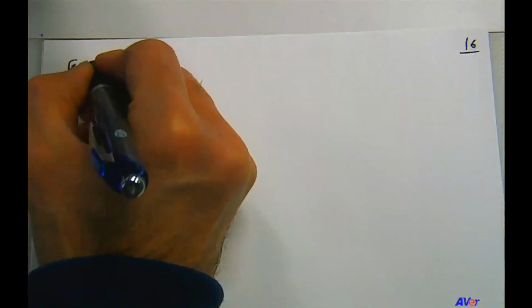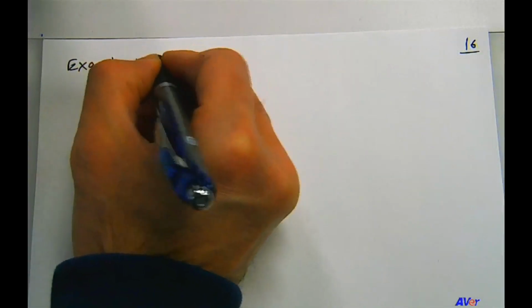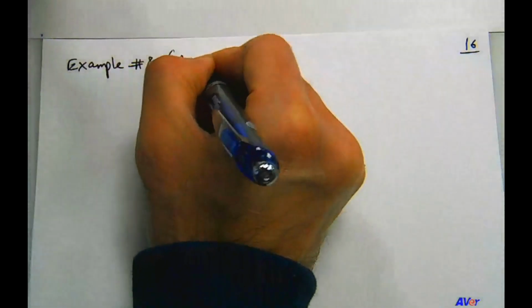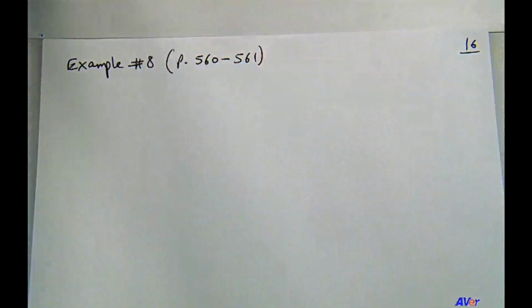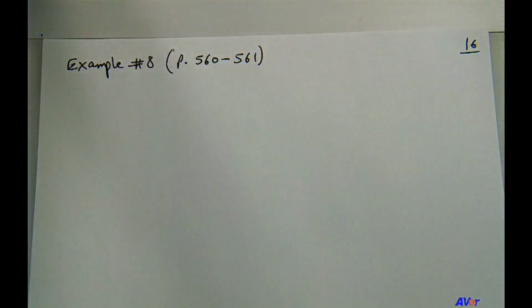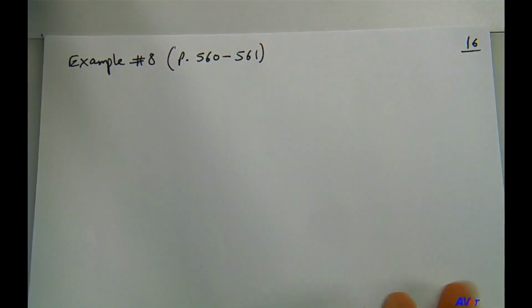This is example number 8, at least that's example number 8, pages 560 to 561 of your textbook, at least the edition that I'm using now to build up these lecture notes.